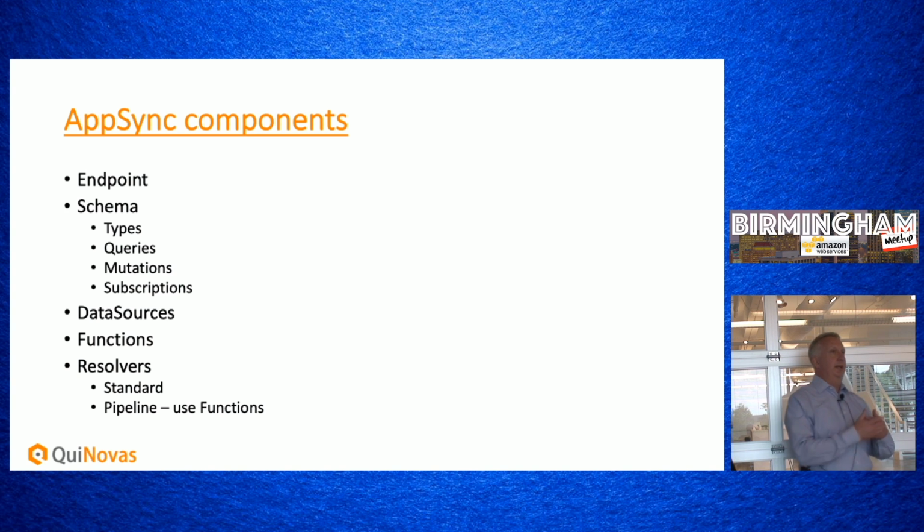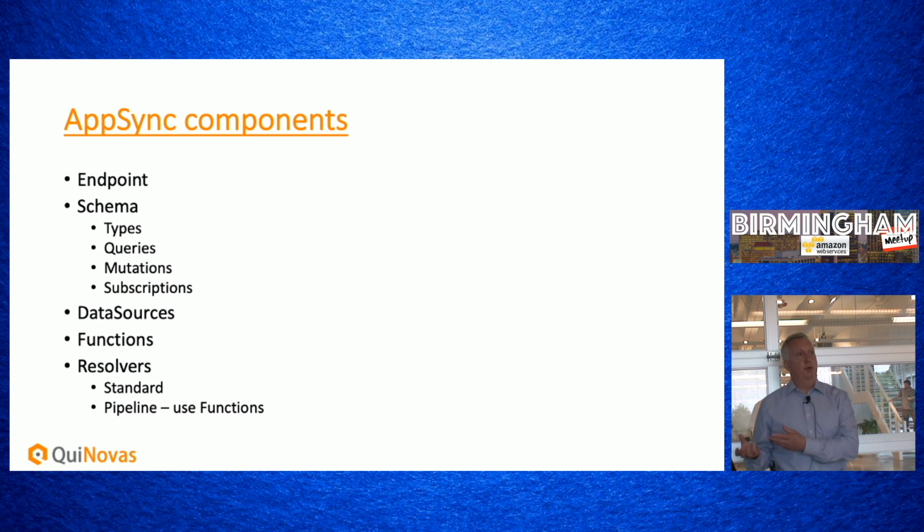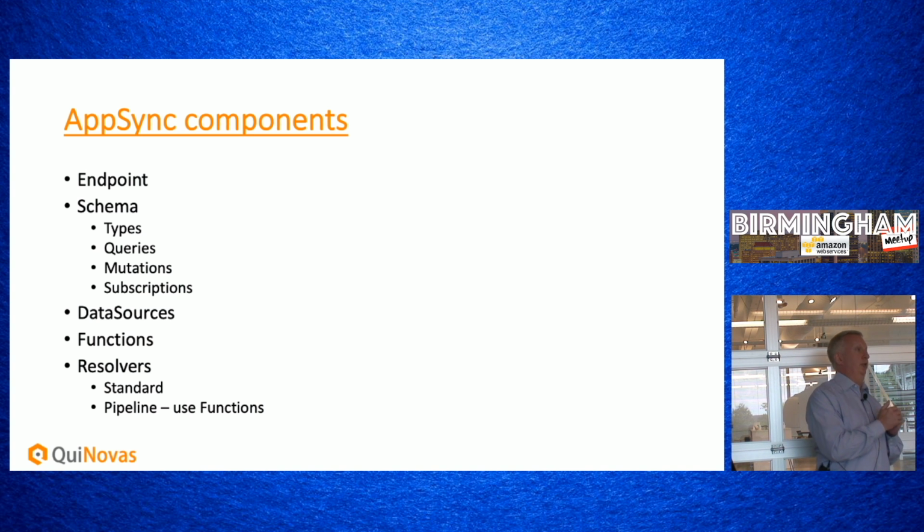For instance, let's say I had a CRM application and I wanted to look up a customer and then use that looked up customer in subsequent queries, perhaps to look into the address table if I was using a tabular table-based thing like Aurora. I would write a function that looked up the customer, and then I would use that information in a next function that looked up the address in the Aurora tables, and then I would return the address from what we're going to talk about next, which is our resolvers.